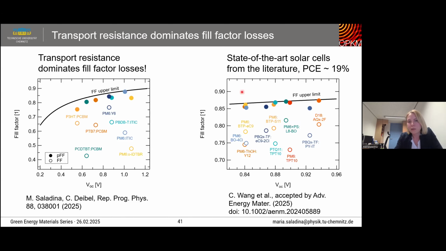Here we had a selection of approximately 90% state-of-the-art solar cells. You can see the same thing: the recombination losses are really minimal because the ideality factors are close to 1 and have been minimized. So transport resistance is really the dominant fill factor loss also in these state-of-the-art solar cells.